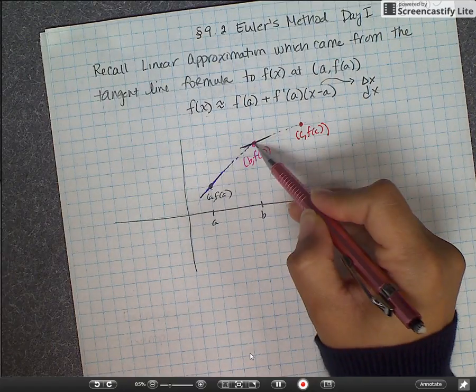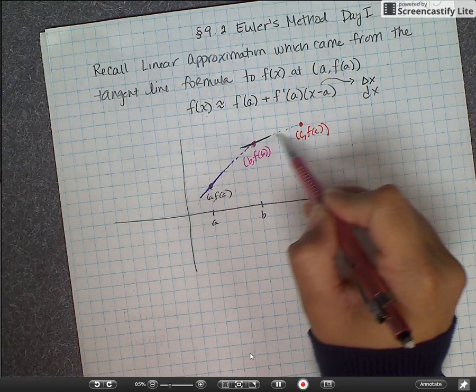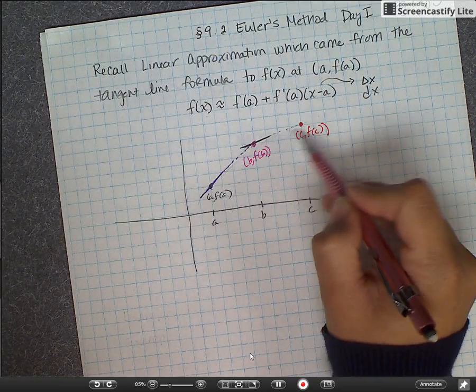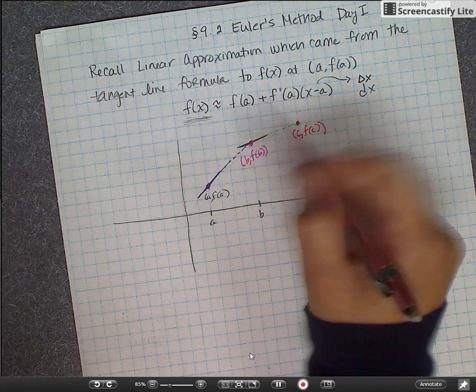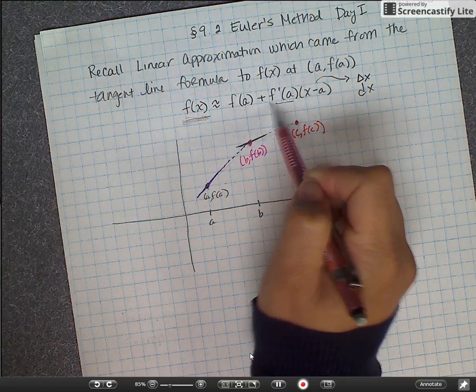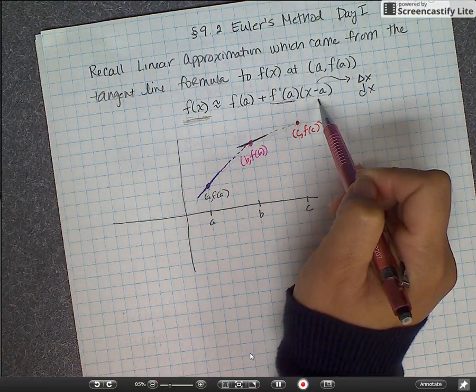Then once we get to a new point, we're going to use its tangent line to help us approximate another point on this curve. Okay? And this is all because we don't know what the actual curve is, but we do have enough information. We do have the derivative, and we do have the point of tangency.